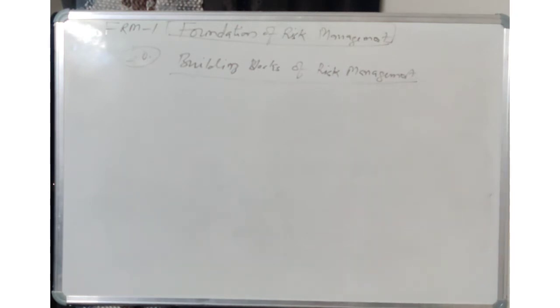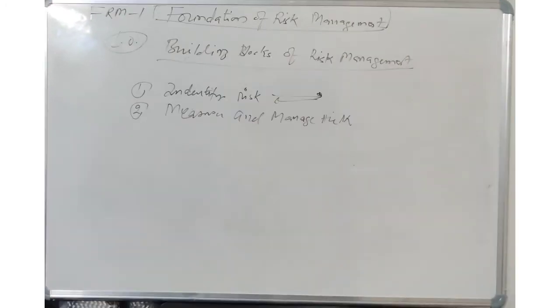The first and foremost part of this building block is to understand what is a risk. Risk is nothing but an uncertainty or maybe the negative outcomes like unexpected investment losses.